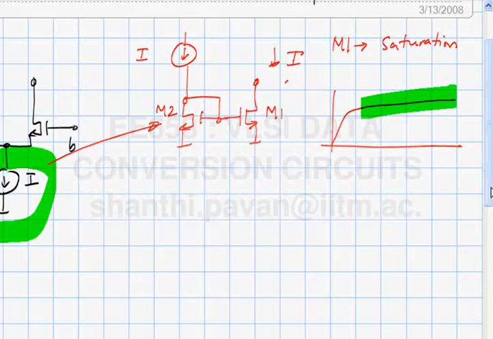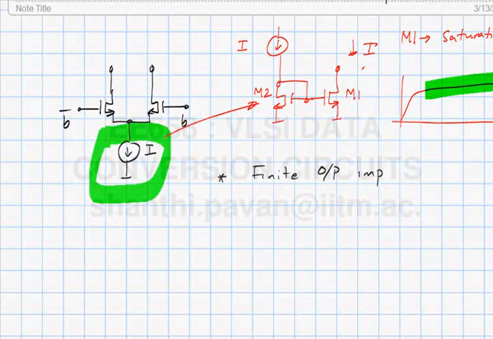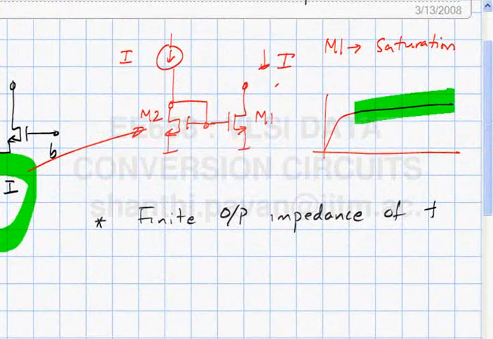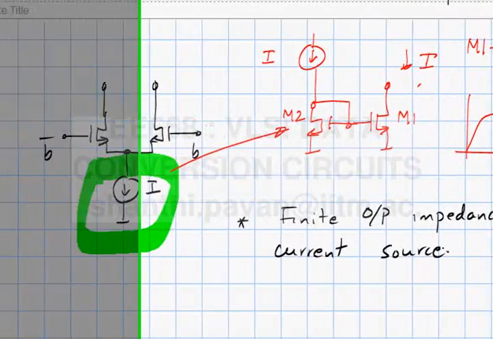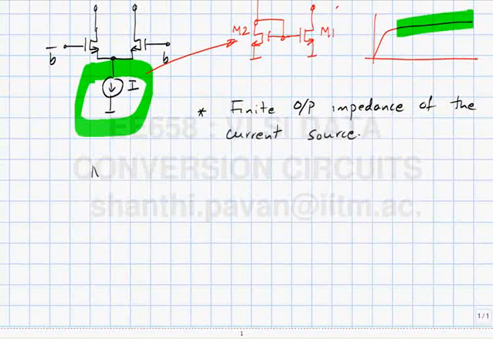In other words, the first non-ideality that we would like to examine is finite output impedance of the current source.